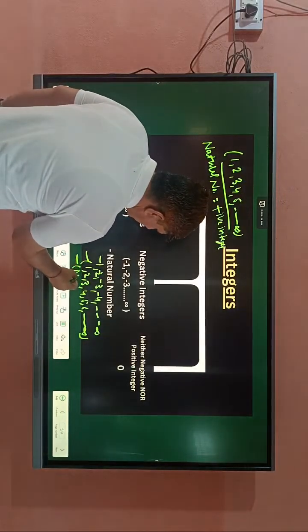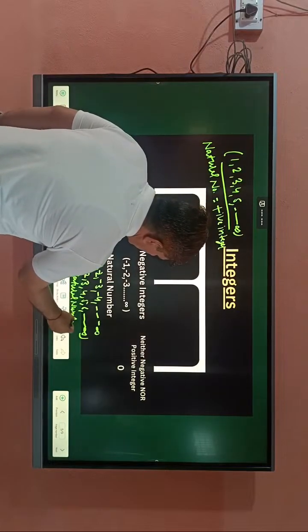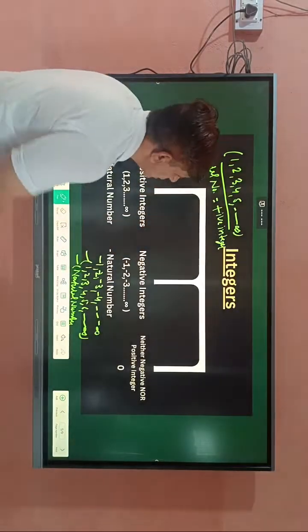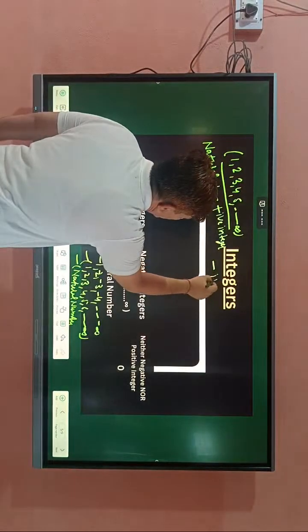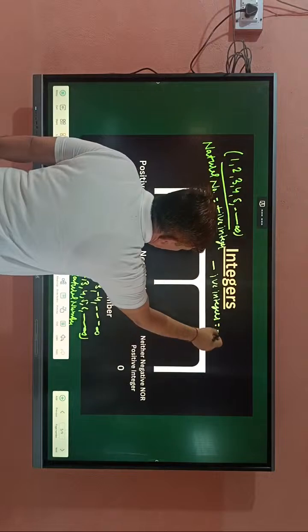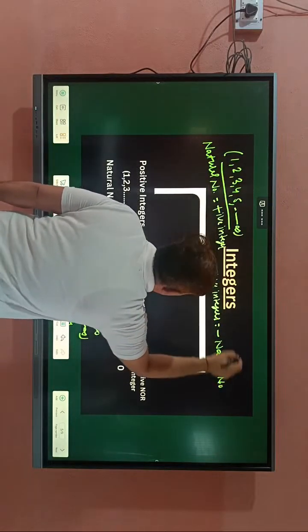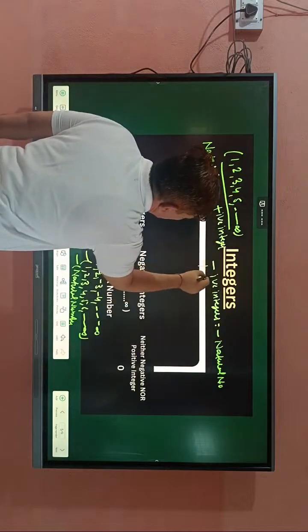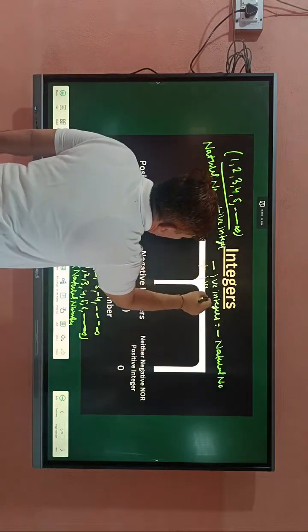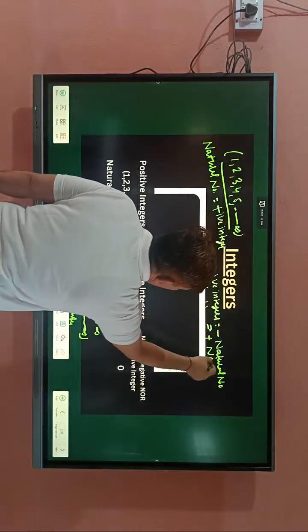Minus of natural number. So negative integer is equal to negative of natural number. Positive integer is equal to positive of natural number.